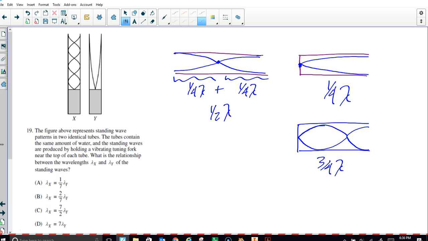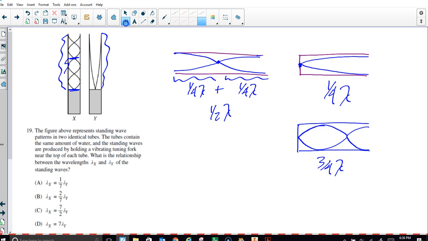So the figure above represents standing wave patterns in two identical tubes. So the tubes are identical. This distance here to here is identical in both of them, if I read the question correctly. Standing waves are produced by, okay. What is the relationship between the wavelengths x? So, first of all, this is one complete wavelength in x.